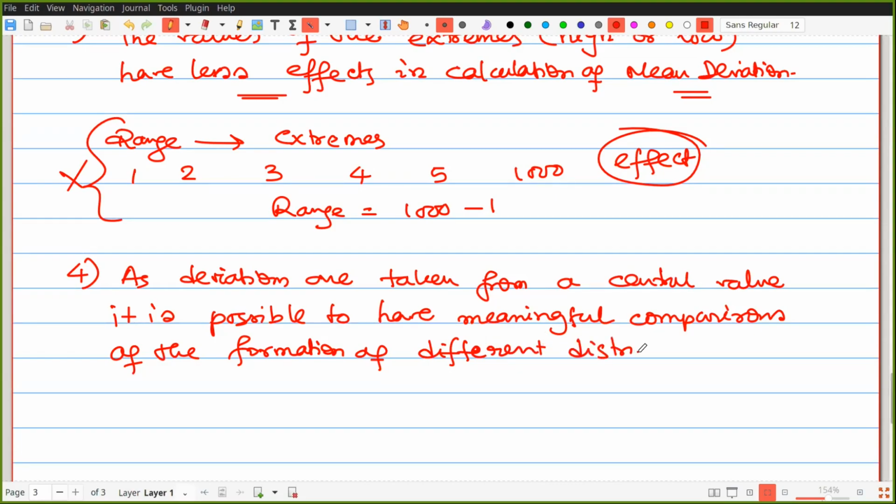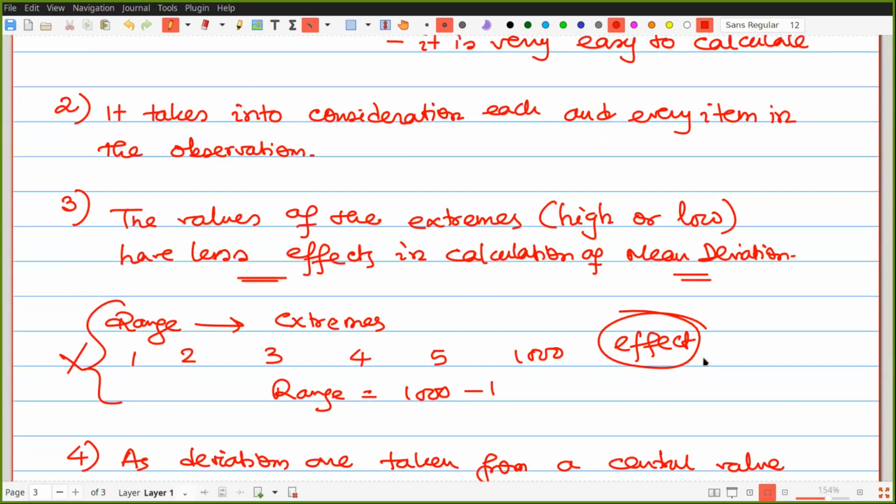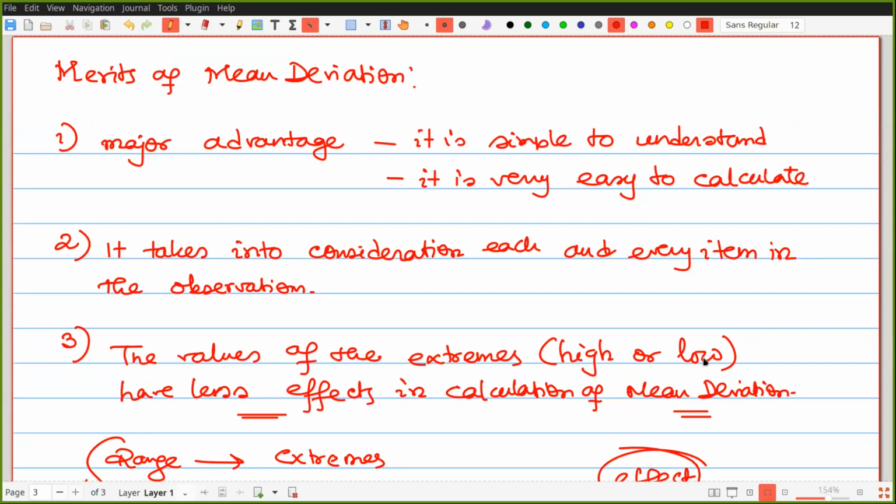So practically, these four are the most important merits or advantages of the mean deviation. Next, we would proceed with the demerits.